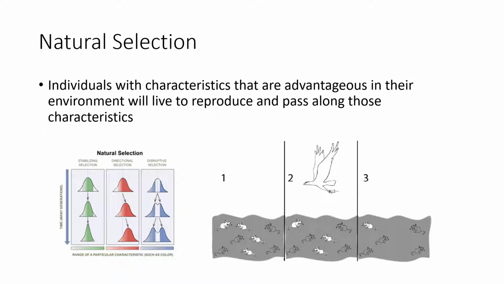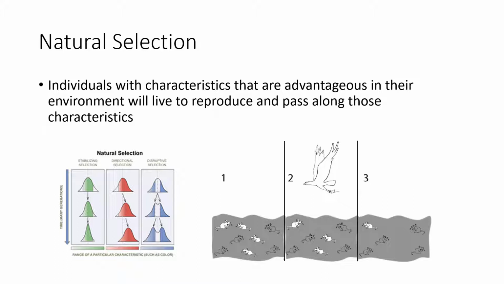And so over long periods of time, certain characteristics will evolve to help those organisms live in their environment. Remember, it's not that the best or the strongest survives. It's the most fit, right?